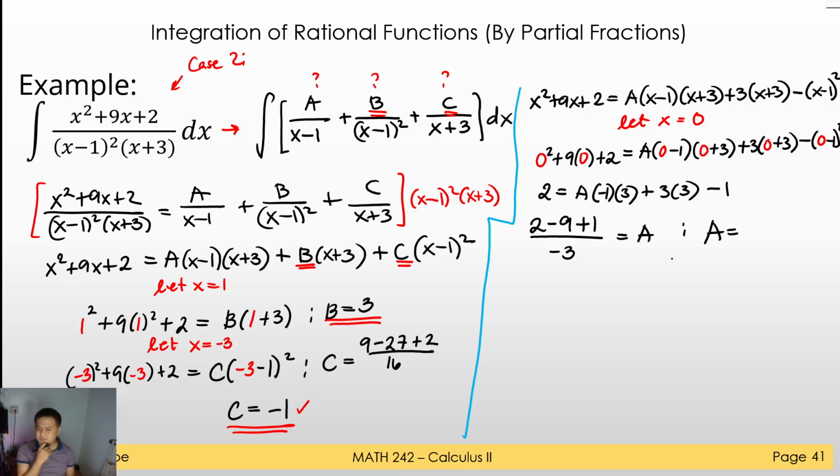Oh, I'm just checking my answer. Oh, so this is negative 7 plus 1. Also negative 6, sorry. So negative 6 over 3. Let me just check.